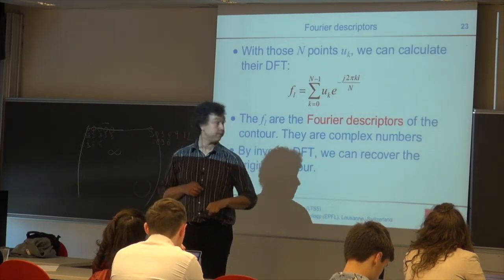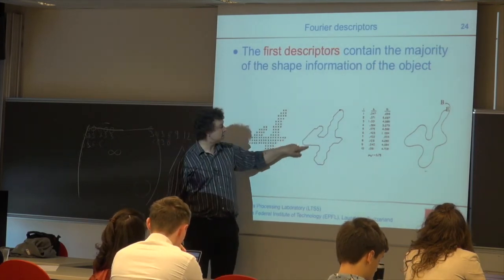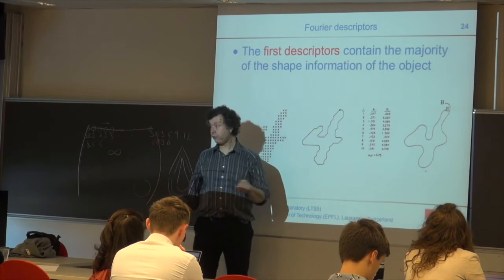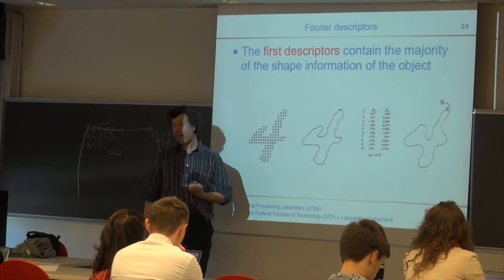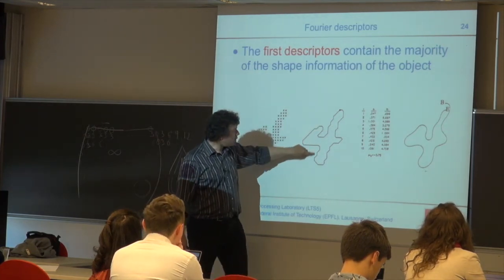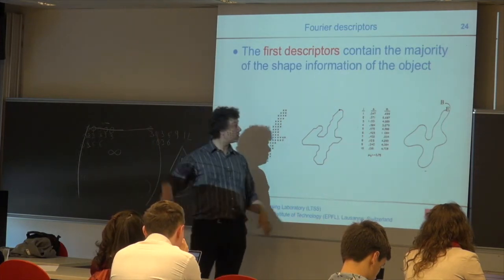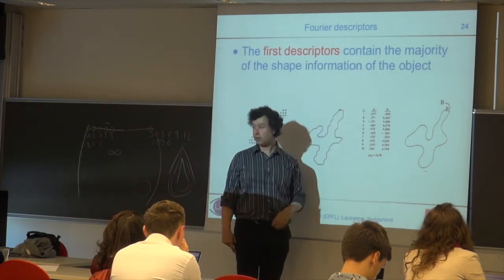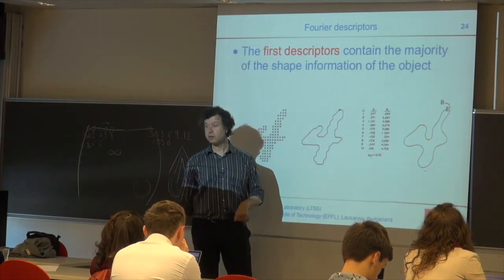You take your object, you calculate the contour, you calculate the Fourier coefficients, and you reconstruct it with all the Fourier coefficients, you get it back. Or you say, I reconstruct it only with 10 Fourier coefficients out of, I don't know how many I have here, maybe 50.